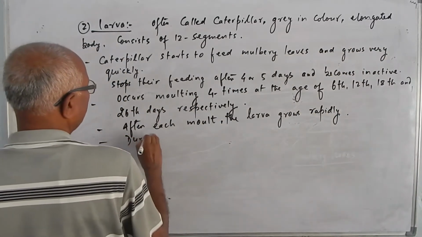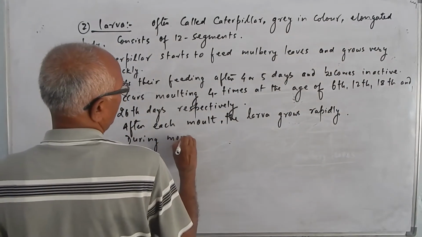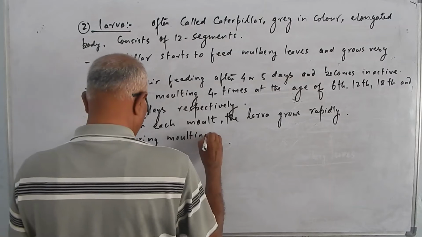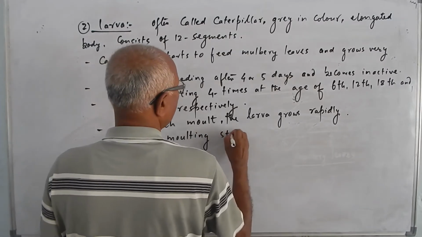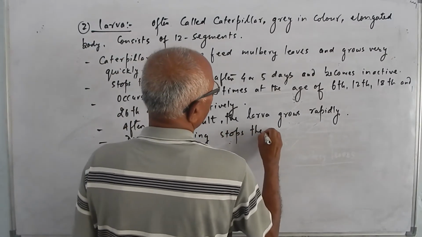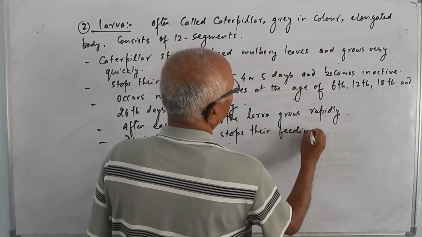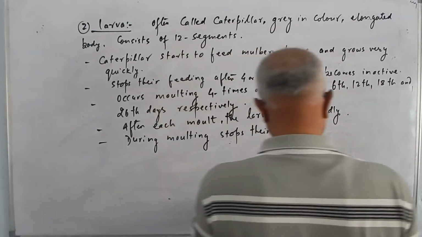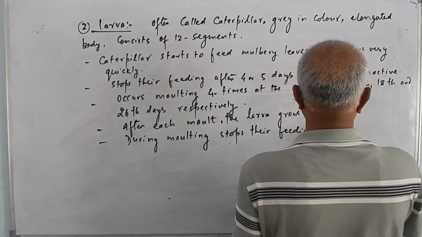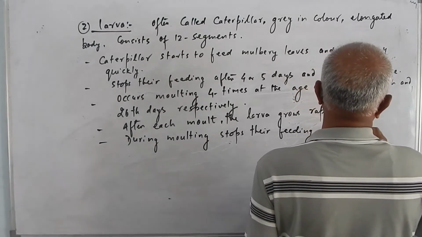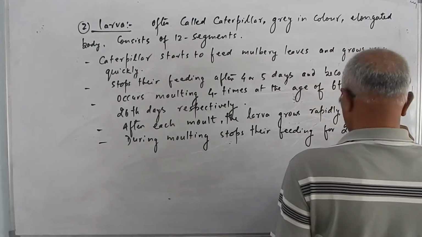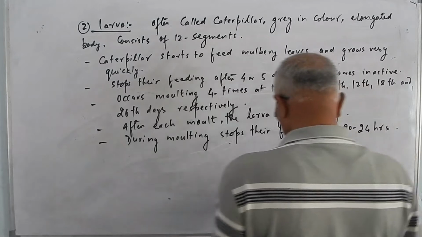During molting, they stop their feeding for 20 to 24 hours.